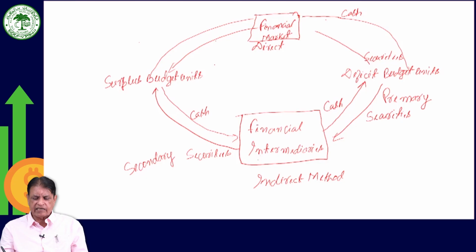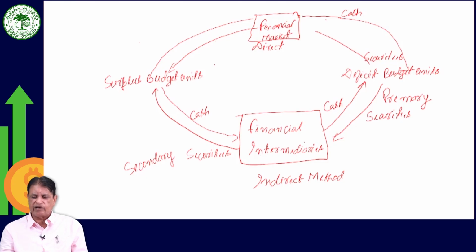Now, the secondary securities issued by the financial intermediaries are less risky. For example, deposits. Deposits are less risky. So the surplus budget units happily purchase these deposits. They deposit their money with financial intermediaries like a bank, whereas the primary securities are more risky. For example, a crop loan.